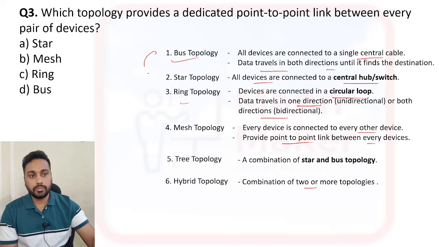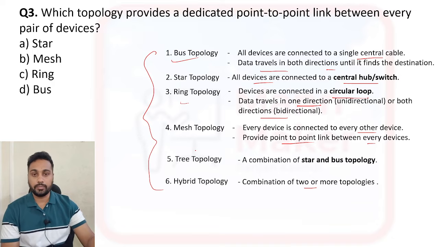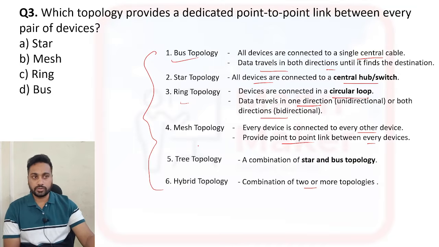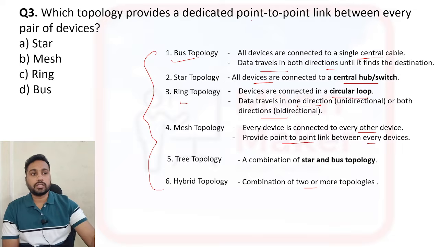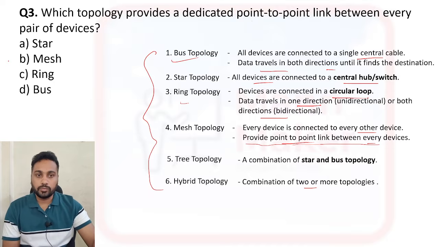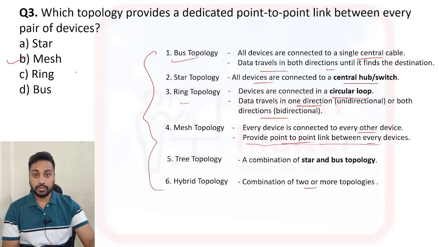Okay, so just remember these points I displayed here. From here also they are going to ask questions. So here they have asked about a point-to-point link between every pair of devices. So you can see here mesh topology provides a point-to-point link between every device. So from here option B is your right answer.